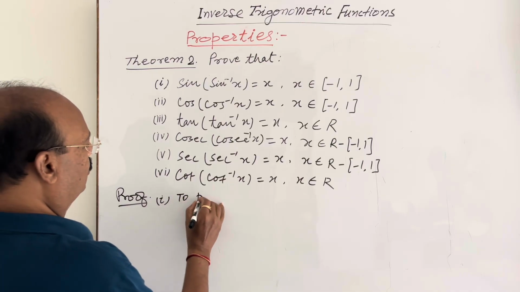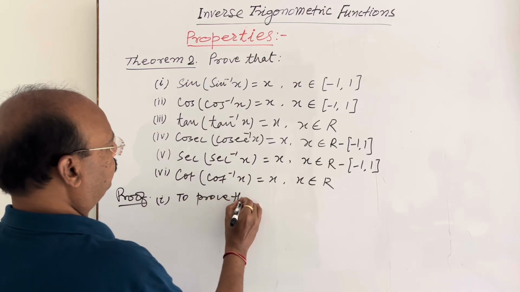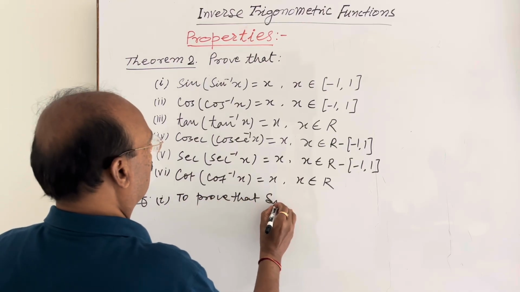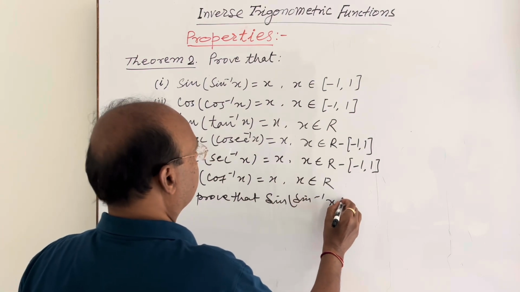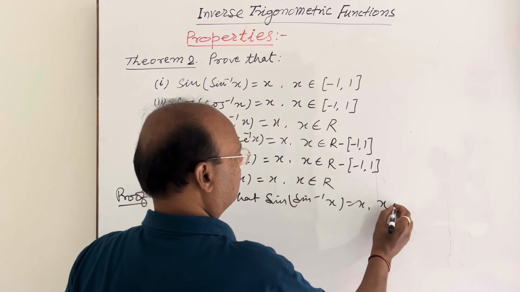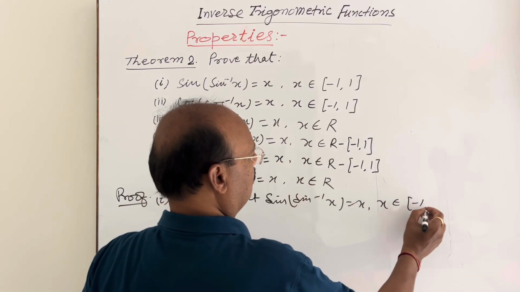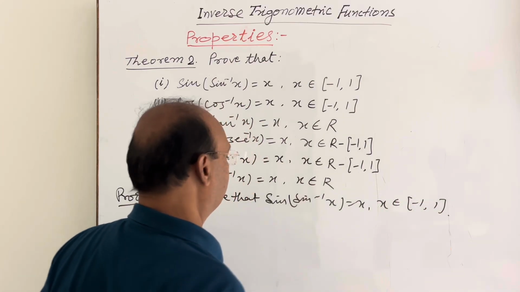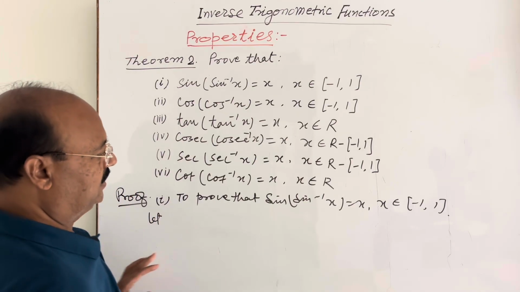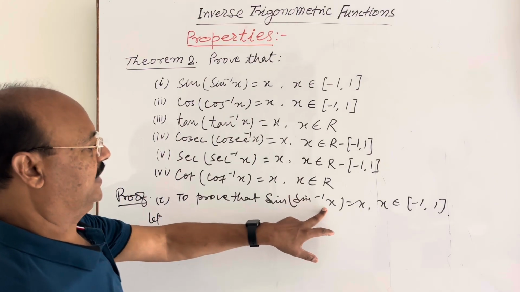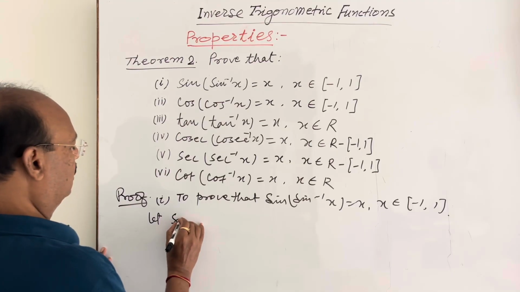First we have to prove that sine of sine inverse x is equal to x, x belongs to the closed interval minus 1 to 1. We'll start from the supposition that sine inverse x is equal to theta.